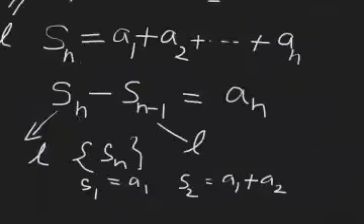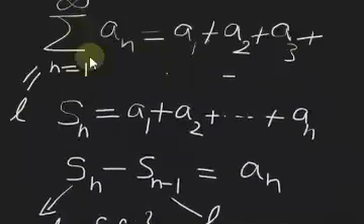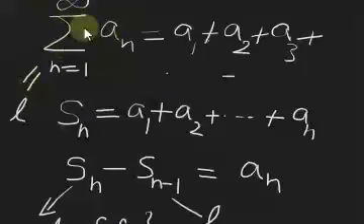What does it mean? If this series has a finite limit, if this series is convergent, that means if you sum all numbers of a sub n, you get a finite number.